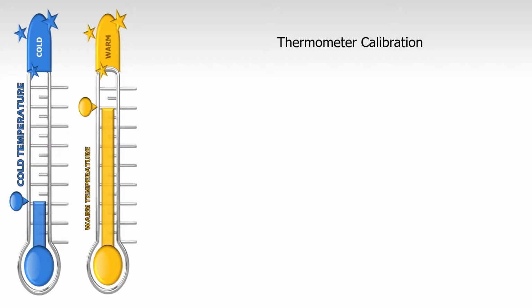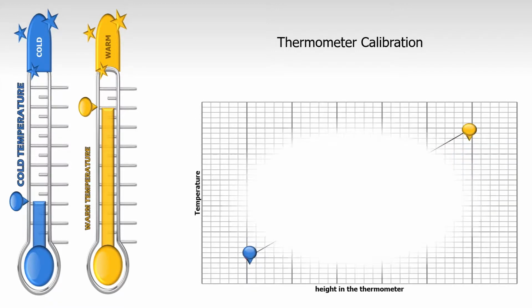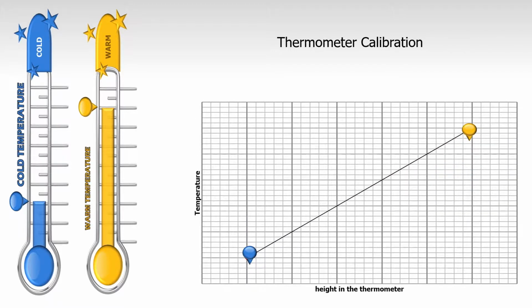He assumed that temperature was directly, or linearly, related to the volume of mercury, and the height of the mercury in the tube would be directly related to the total volume of the mercury in the thermometer. Because of the assumed linear relationship of the temperature to the height of the liquid in the thermometer, Fahrenheit knew that all he needed was 2 points, or controls, to establish a line and define the calibration of the thermometer.